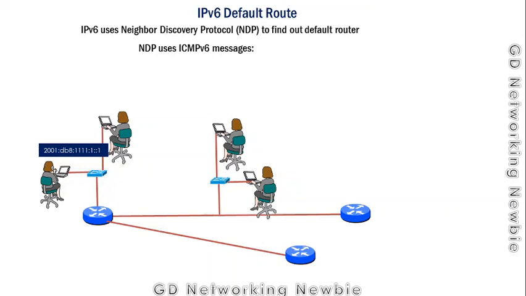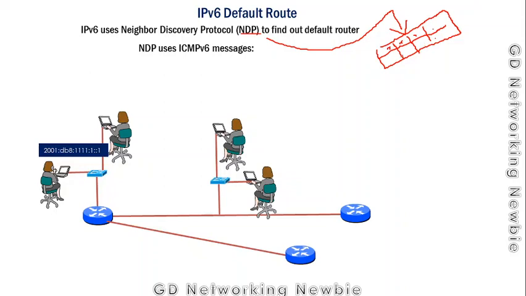Now, Neighbor Discovery Protocol itself uses ICMP version 6 messages. So this protocol, NDP, uses ICMP messages, which have some particular fields.